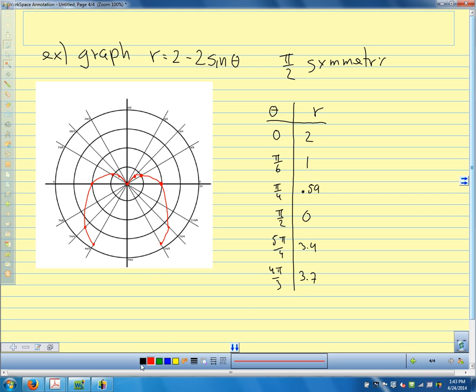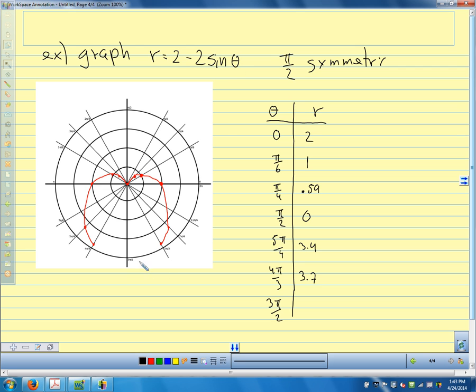And then when I get down onto the negative pi over 2 axis at 3 pi over 2, my radius turns out to be, sine of 3 pi over 2 is, what is it?